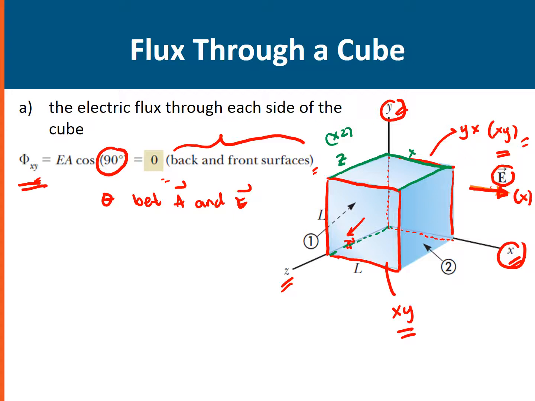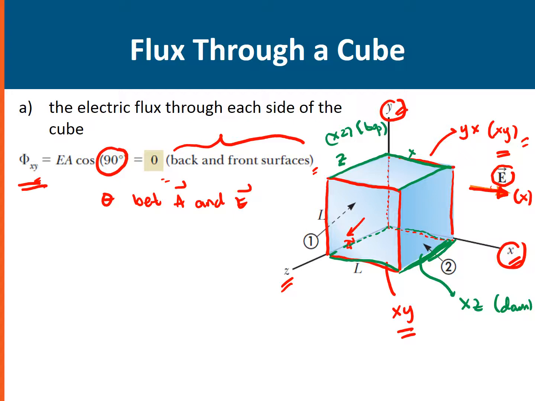Again, this is the z-axis and another x-axis. So we have our xz plane, which is down, and our xz plane, which is top.